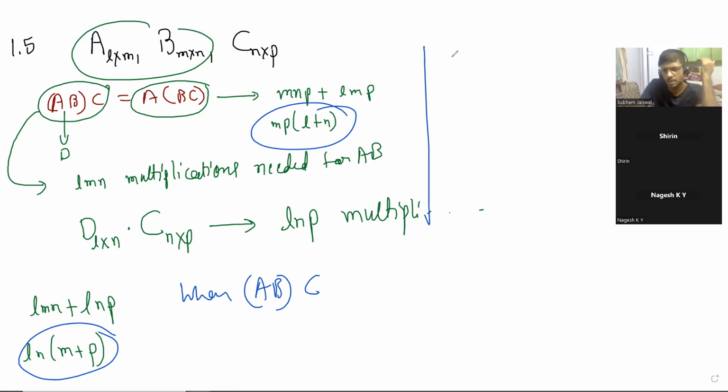Okay, let's just make the question. If L is less than M is less than N is less than P, or less than or equal, then in which order should you multiply?